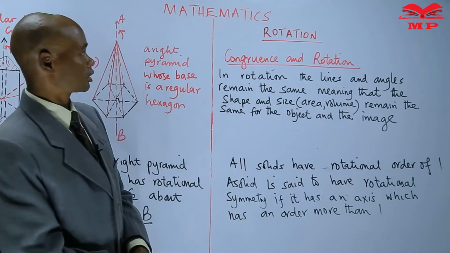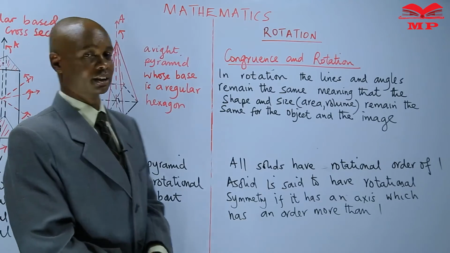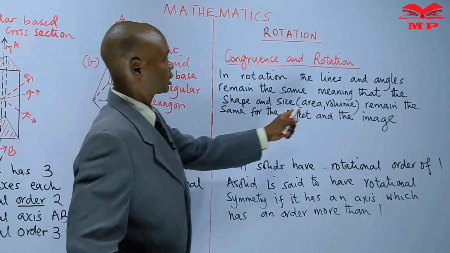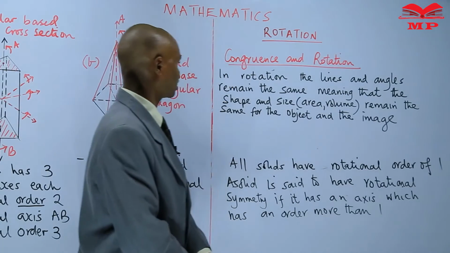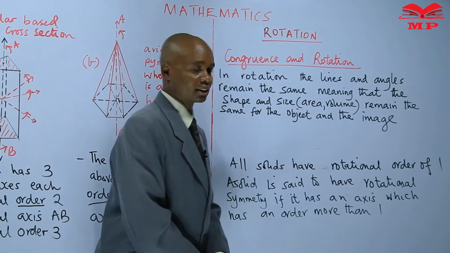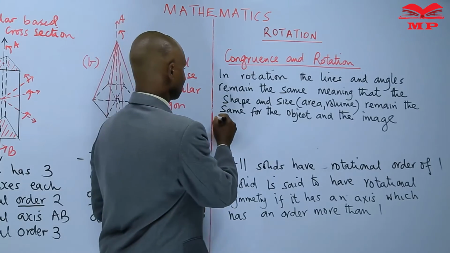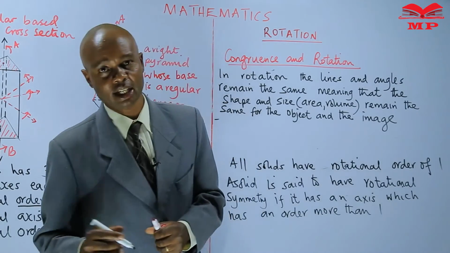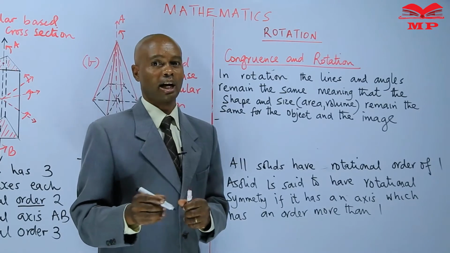So it means in rotation the lines and angles remain the same, meaning that the shape and size, which relates to area and volume, remain the same for the object and the image. This is a clear indication showing that the object and the image are congruent.